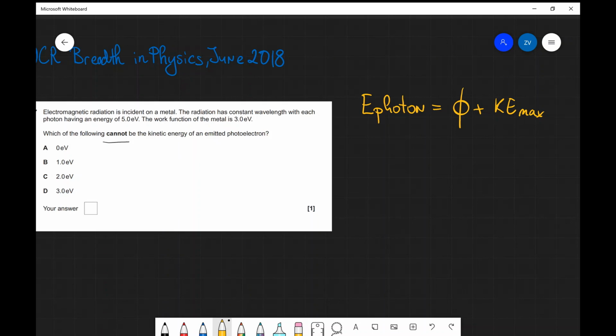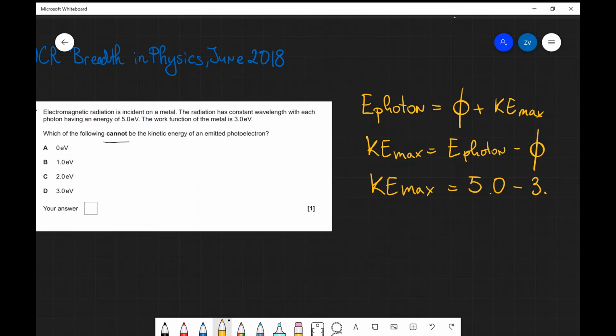Let's just rearrange for that because we're looking for the maximum kinetic energy. So K max is going to equal the energy of the photon minus the work function. So our maximum kinetic energy is going to be 5.0 minus 3.0, and that's going to equal 2.0 electron volts.